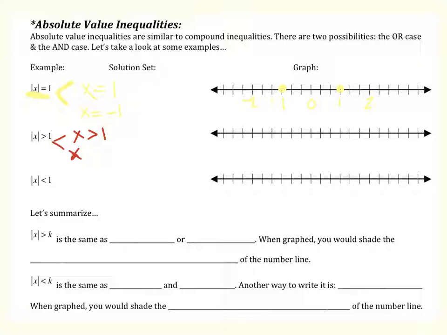The same thing applies for inequalities. We are going to have that negative 1, but just like when you divide or multiply by a negative, when you set your solution to a negative, you need to flip that sign. So we also have x is less than negative 1.